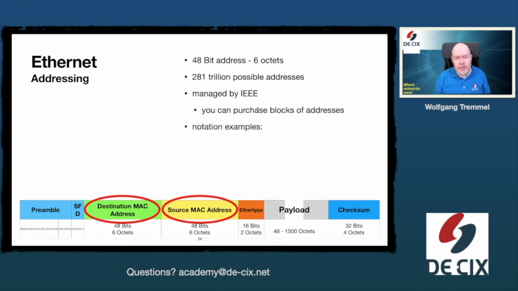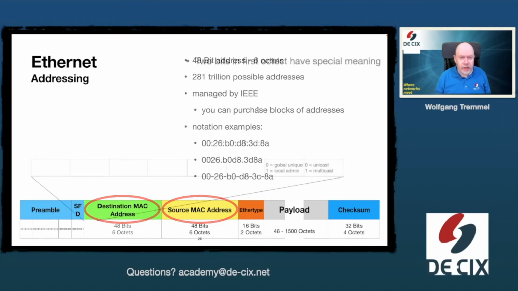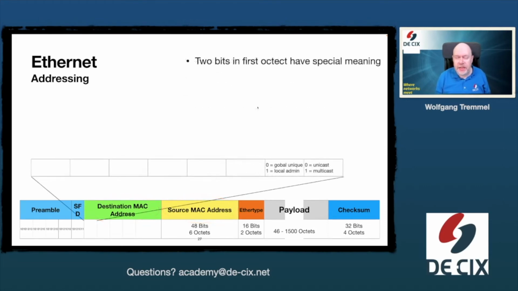Notation example of Ethernet addresses, well, it looks like this with the colons, or you can also use it with dots or with dashes. All are equal. The most common one is the first one. There are also 2 bits in the Ethernet address which have a special meaning, and this is called a global versus a local address.